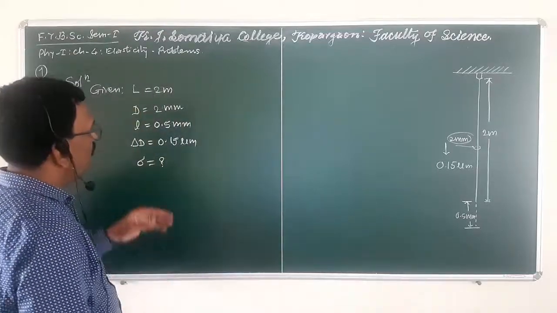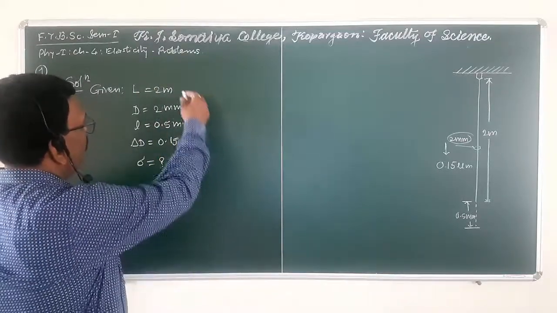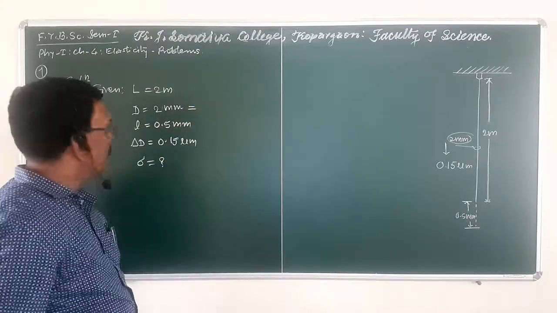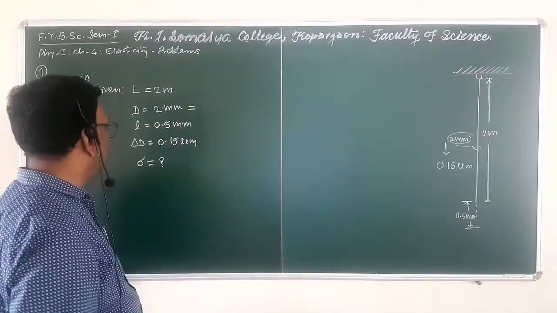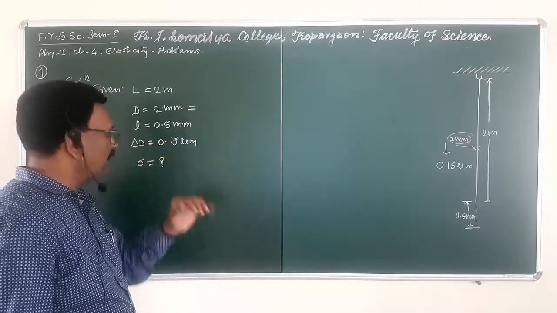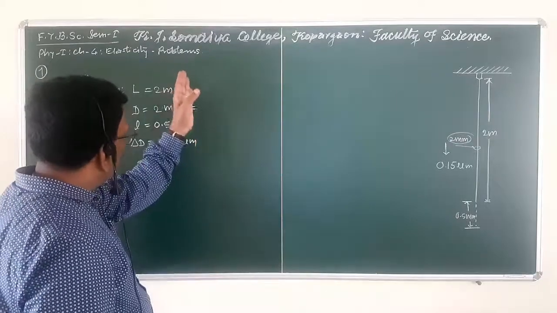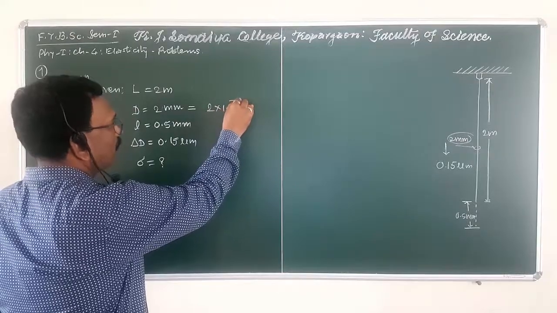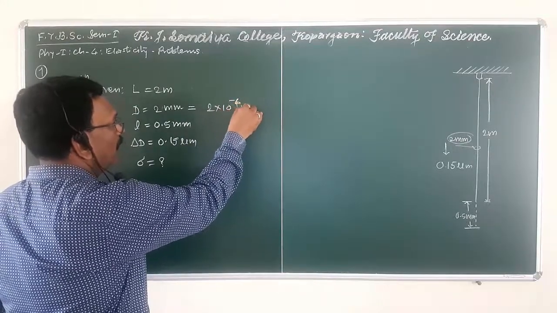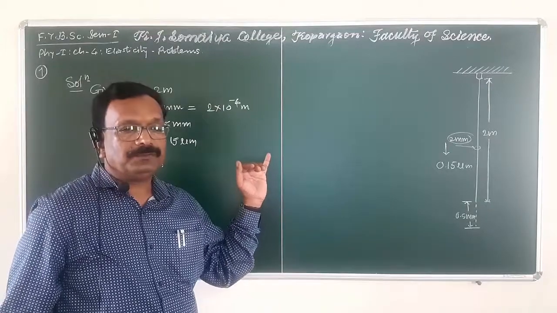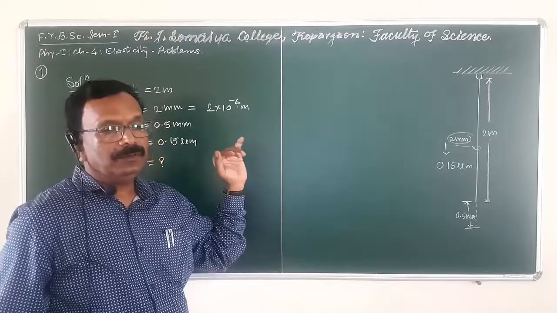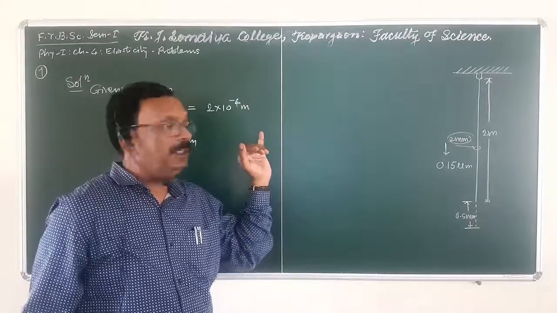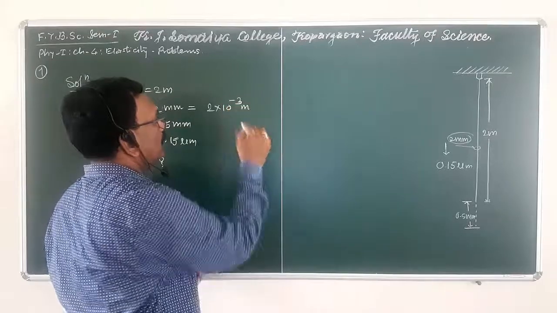First of all, look here, length is given in meter, diameter is given in millimeter, change in length is given in millimeter, and change in diameter is given in micrometer. So conversion is essential. The diameter, 2 millimeter, is 2 into 10 raised to minus 3 meter.